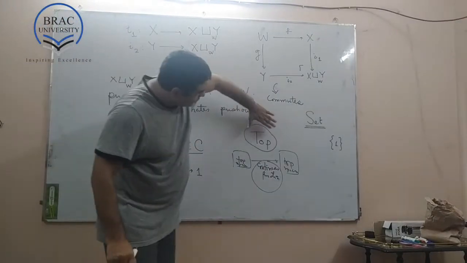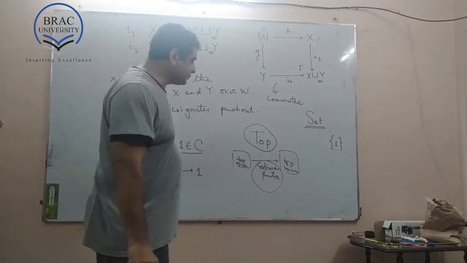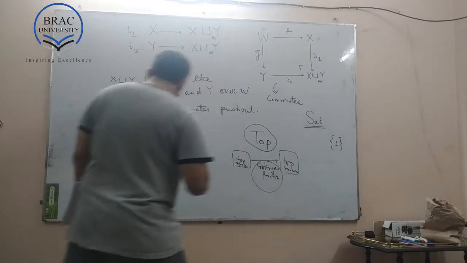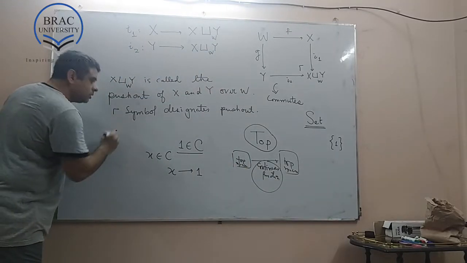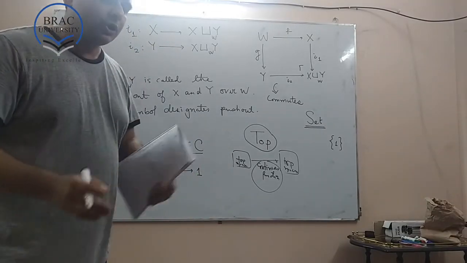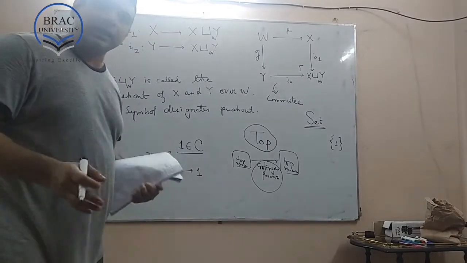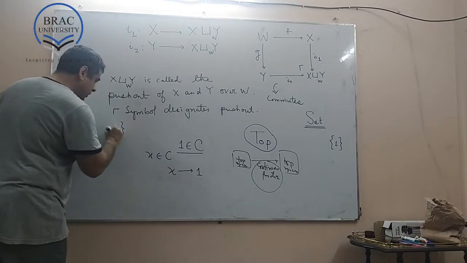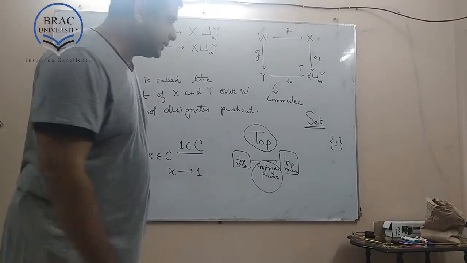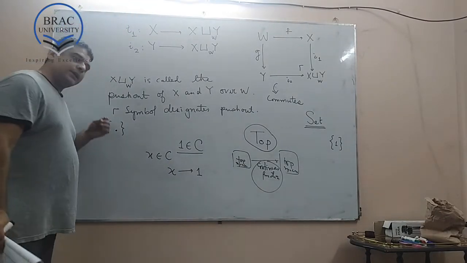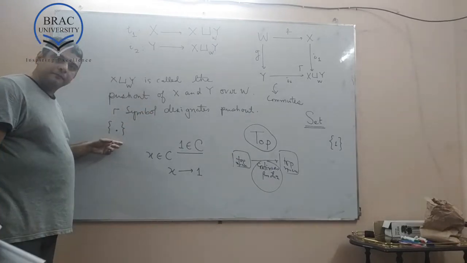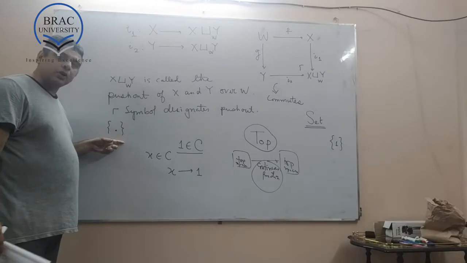Right. For this category of topological spaces, TOP, the terminal object is a one-point topological space. It means that it's a topological space whose underlying set is a singleton. And by the definition of terminal object, there has to be a unique morphism from any other topological space to it. Okay, because this is the terminal object.